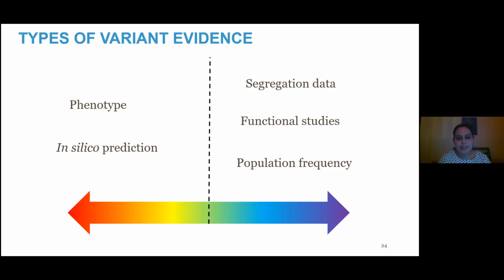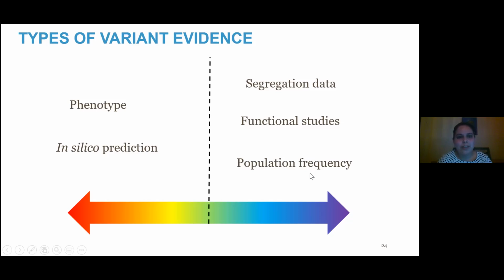Segregation data is a big piece of this as well. What this means is testing parents. As many of you, I'm sure, have been through this process, often it's helpful to know if a genetic change in a child is brand new in them, or if it's something that they got from a healthy parent. And if it's inherited from a healthy parent, it's sort of like having it in the healthy population.